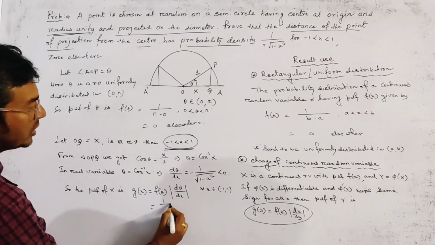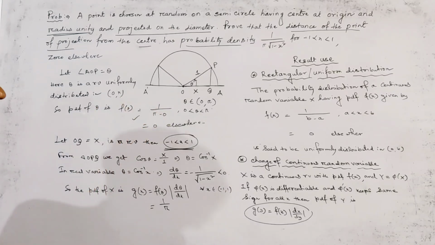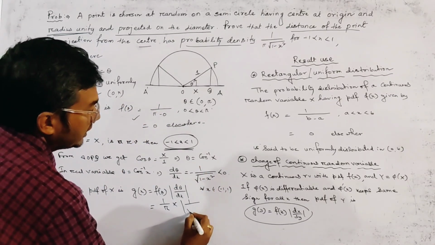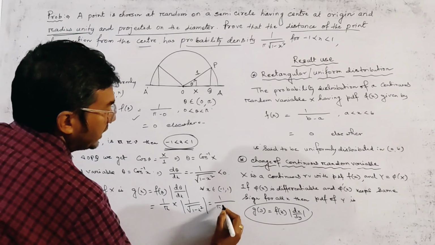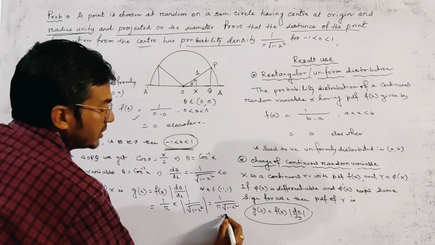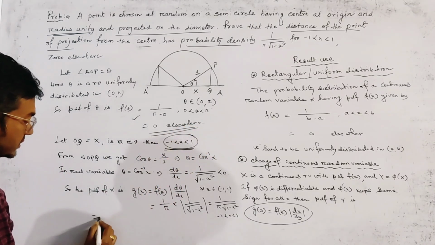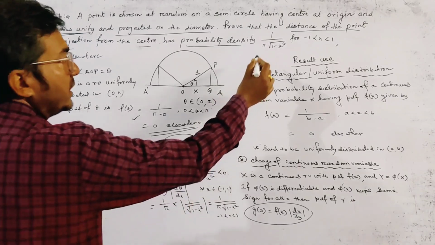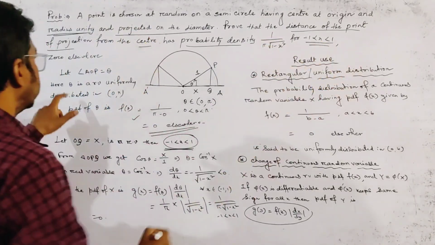So we get 1 by pi into mod of 1 by root 1 minus x square. This is 1 by pi into root 1 minus x square, where the range is minus 1 less than x less than 1, and elsewhere this is 0. So we prove our required result.